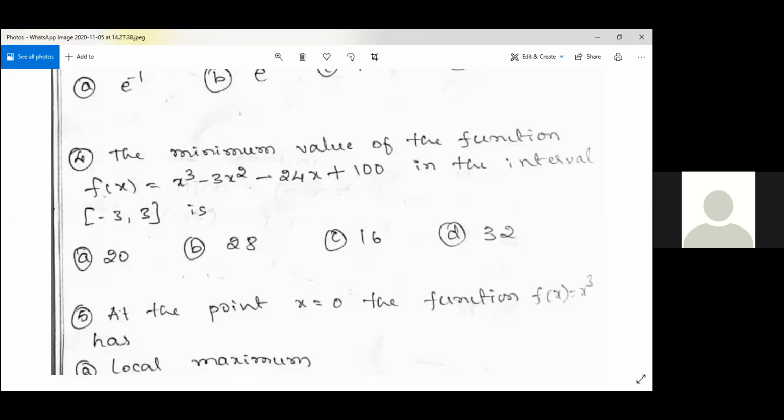B option. Yes, 28. Correct. Others? Varun? Sucharita? Yes, sir. What's the answer? Sir, I'm doing it. I think 28. Yes, 28 only we are getting.